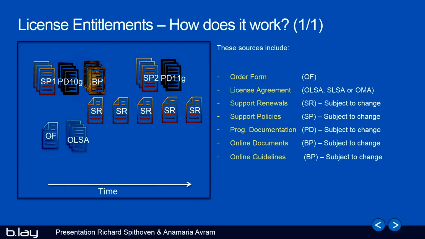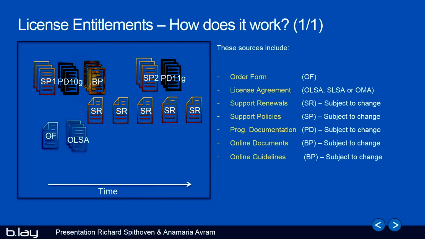So a license in Oracle terminology is never really referring to a single specific product or component that you're entitled to make use of, but actually a bundle of features, functions, modules, or components that all belong to that specific license.